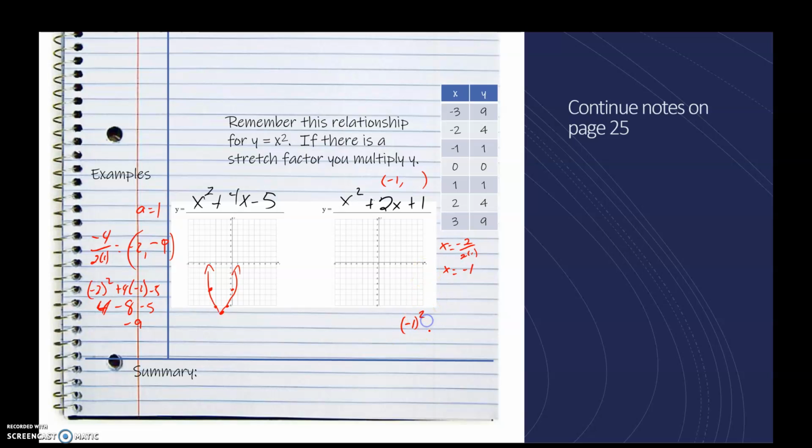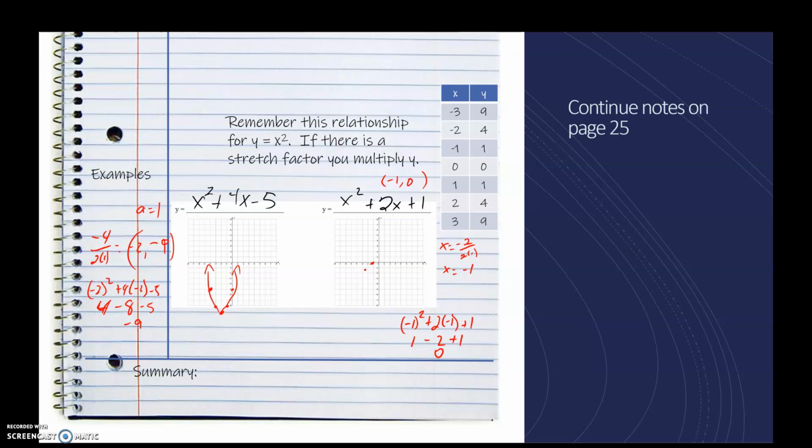-1 squared plus 2 times -1 plus 1. You can use the calculator for this if you want. And 1 minus 2 is -1, plus 1 is 0. So the vertex on this bad boy is at -1, 0.